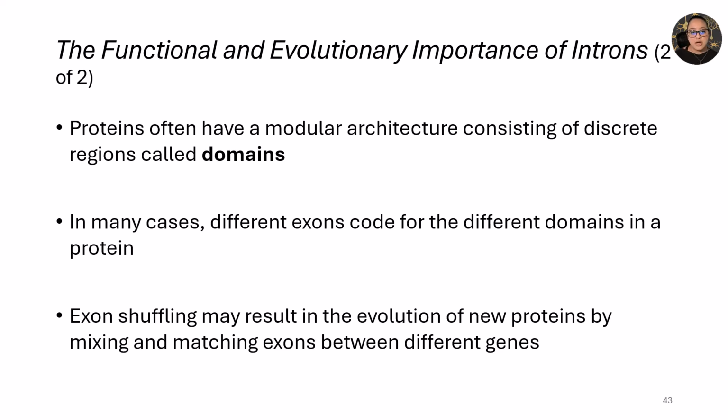So again, proteins are actually large and have different polypeptides. Proteins often have a modular architecture consisting of discrete regions called domains. In many cases, the different exons will code for a different domain in one protein or one polypeptide.